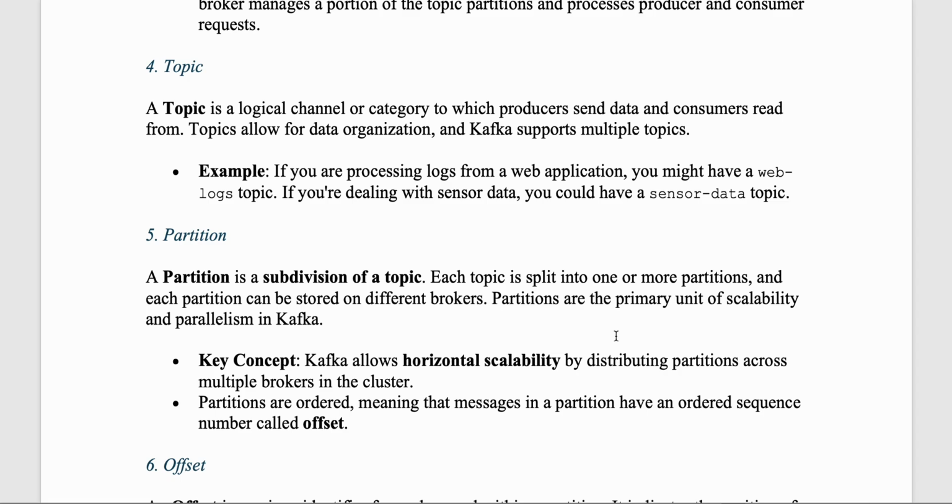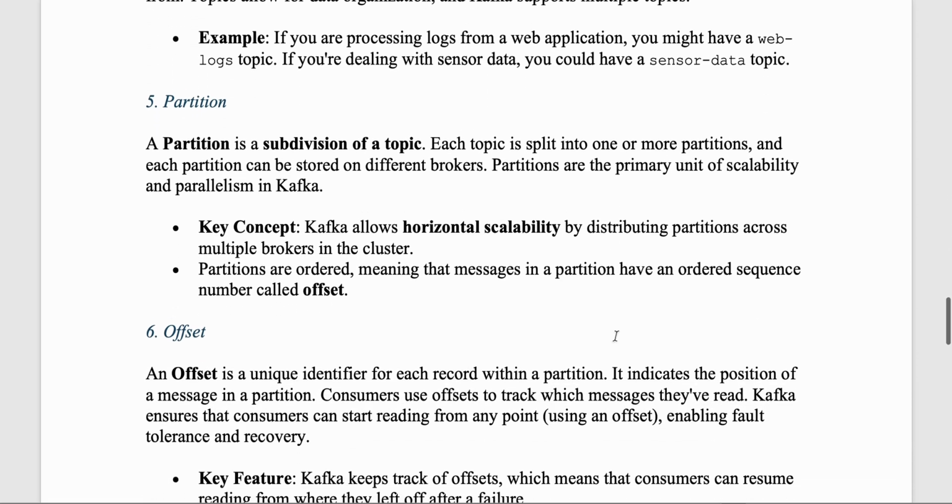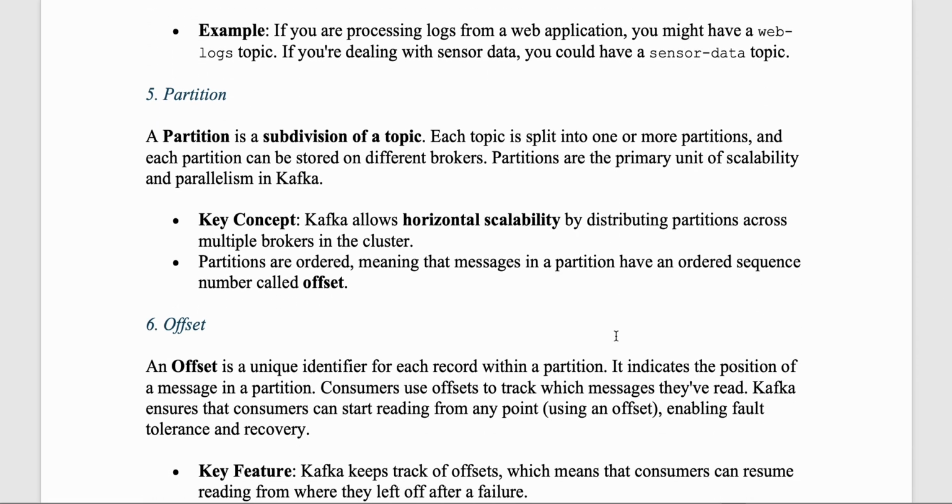If you read the data from 0 to 10, the next time you come, you will read the data from offset 11 to 20, and so on, based on your requirement. You can also mark your offset as latest or earliest, based on the requirement you have. So offset is nothing but a unique identifier for each record within a partition.